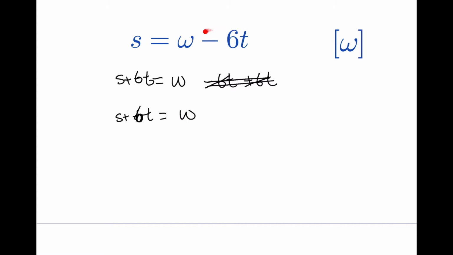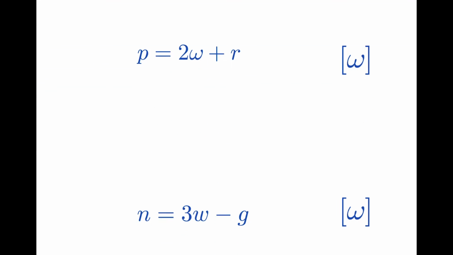See, just because this was negative here on the right side, if you move it will be positive on the other side. The reason was because you want to eliminate negative 6. What you do is add 6t more, and if you add on the right side you also have to add on the left side.